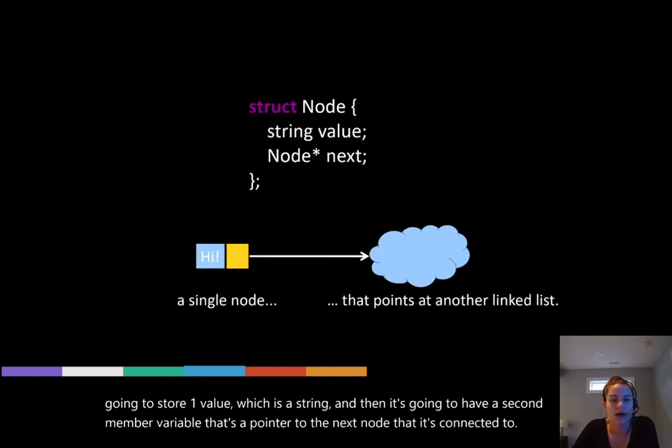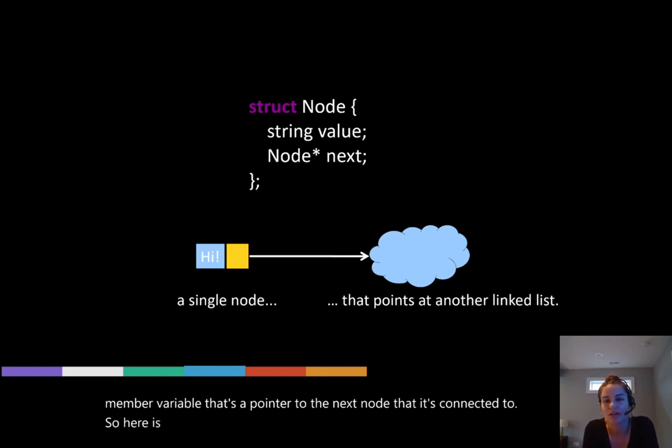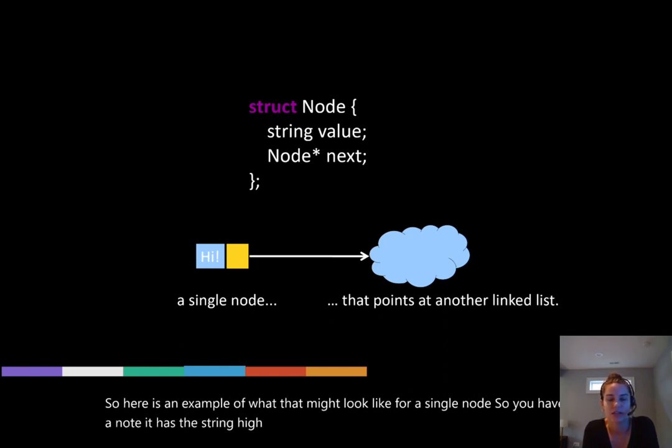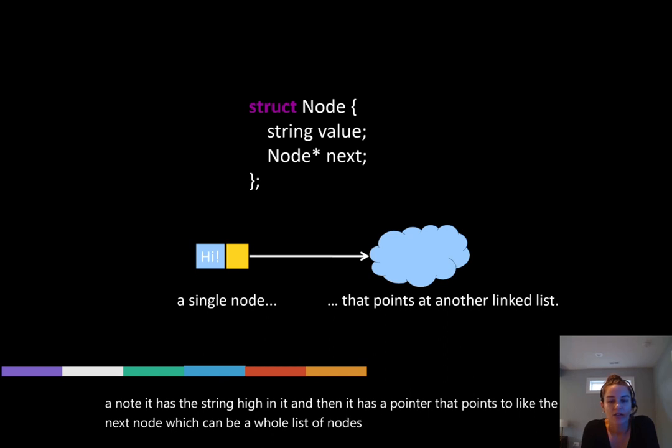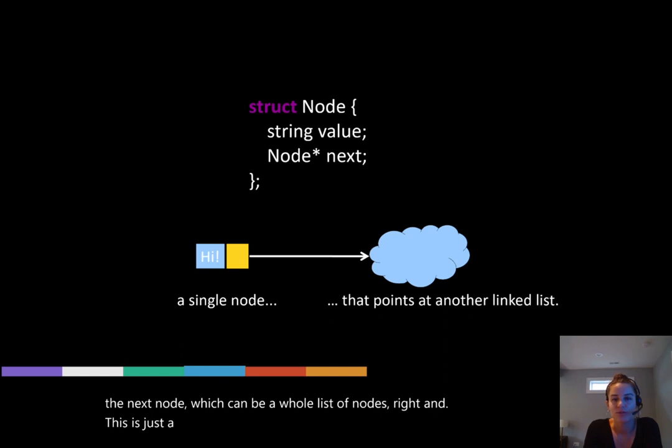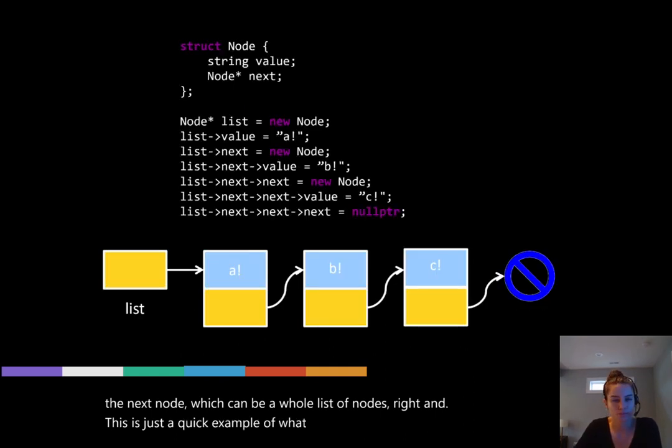So here is an example of what that might look like for a single node. You have a node, it has the string hi in it, and then it has a pointer that points to the next node, which can be a whole list of nodes, right? And this is just a quick example of what this node looks like.